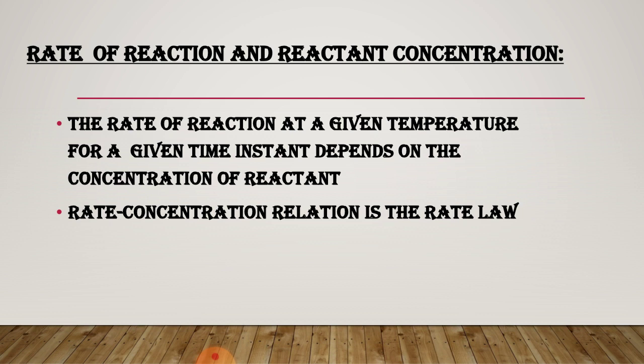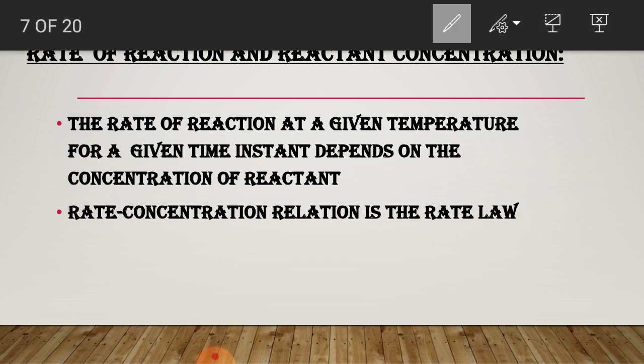So the rate-concentration relation is the rate law. The relation between the rate of reaction and the concentration of reactant is your rate law. Suppose R is the reactant, it will react and give you the product.